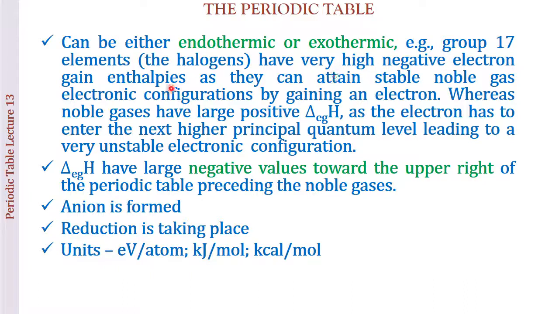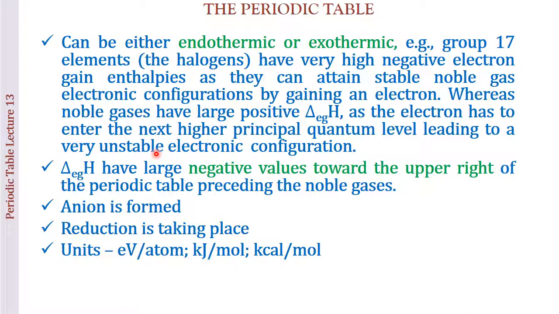And now what about noble gases? Noble gases already have a stable electronic configuration. Adding one electron to that configuration means that the electron has to enter the next higher principal quantum number level, right? And that is going to make the electronic configuration highly unstable.